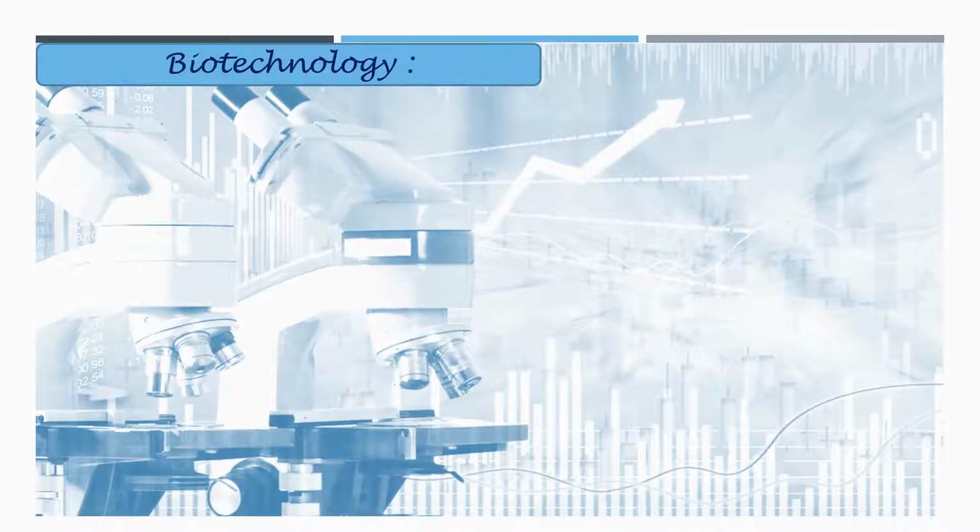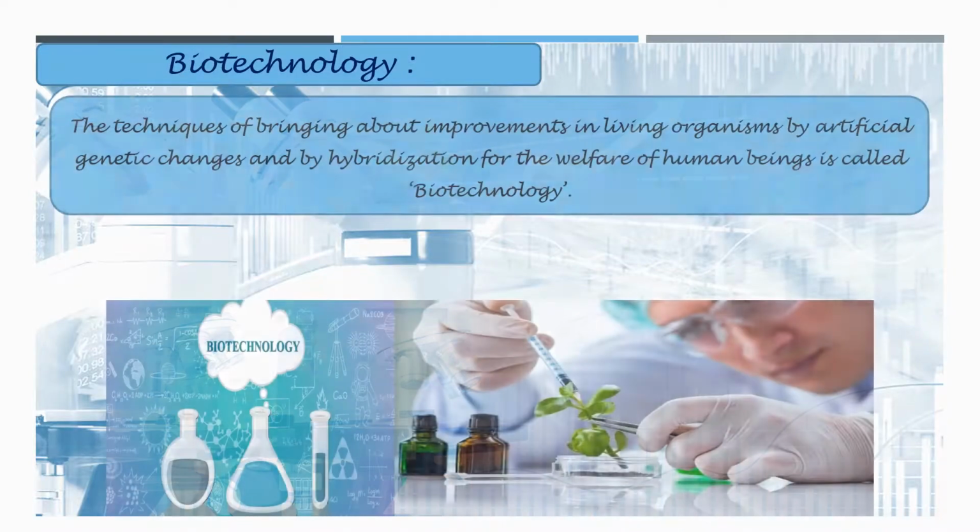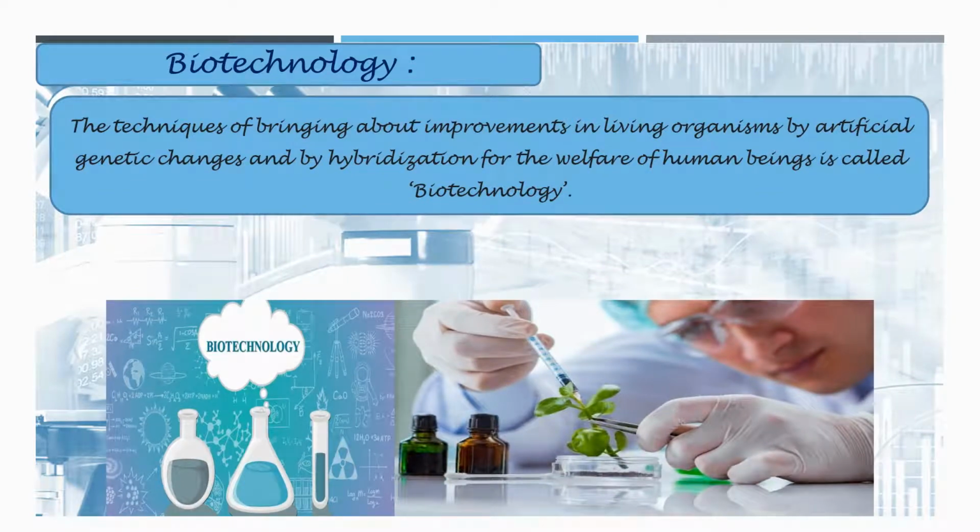Now, what is biotechnology? The techniques of bringing about improvements in living organisms by artificial genetic changes and by hybridization for the welfare of human beings are called biotechnology. Genetic engineering and tissue culture are the two techniques used in biotechnological processes.